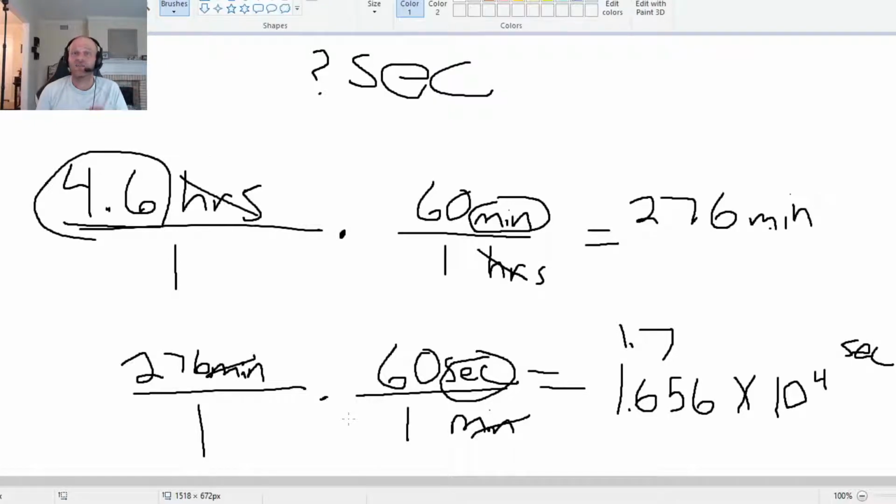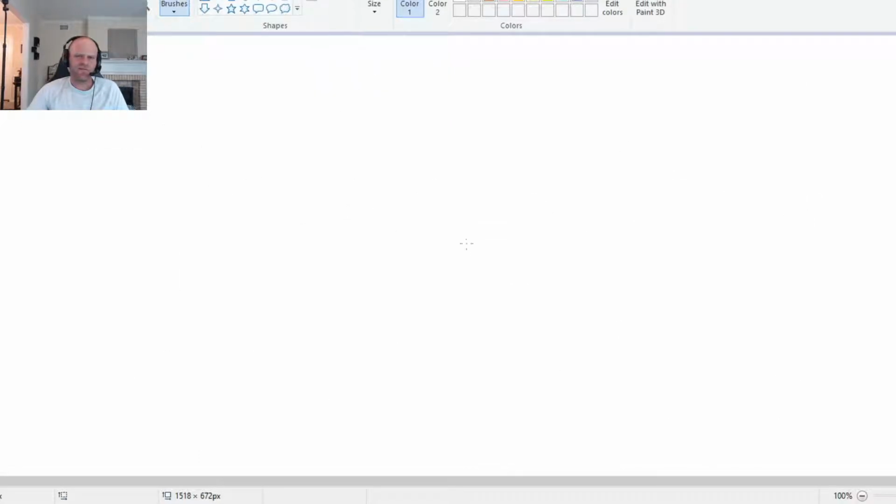Conversion factors should be very useful for you for all different types of math problems, even in general everyday life. You can figure out how many seconds, how many minutes we got left, whatever. We do this on a daily basis. We just get so used to doing it that we don't actually see what we're doing, but these are those conversions. All right, so let me clear that off.